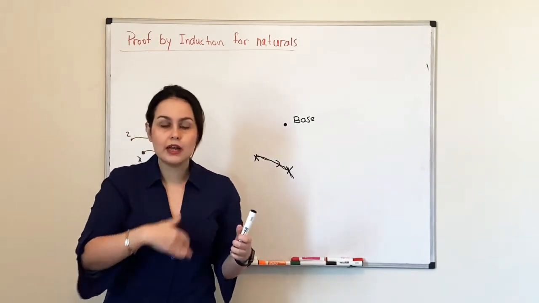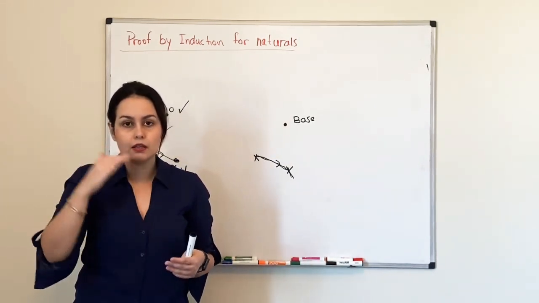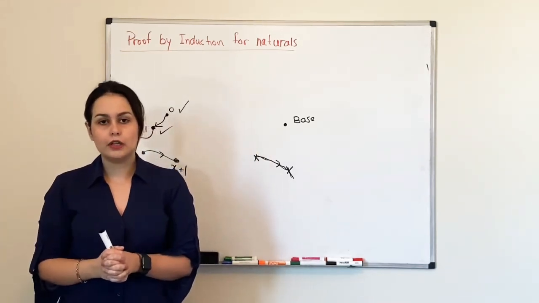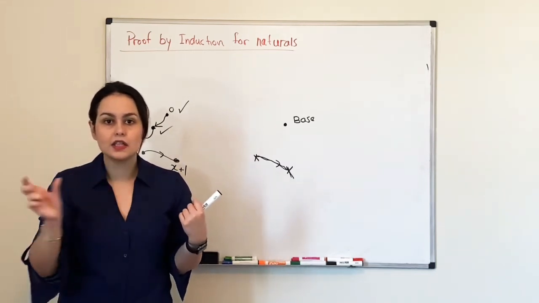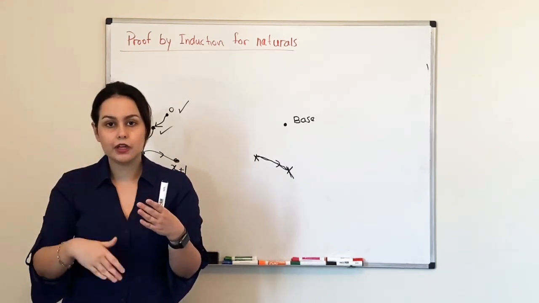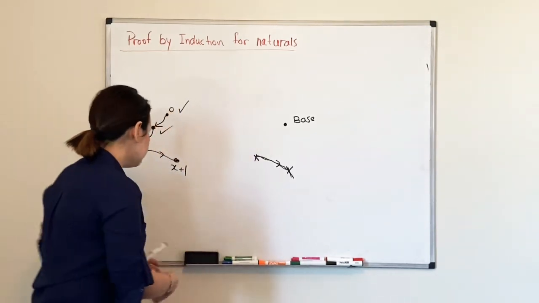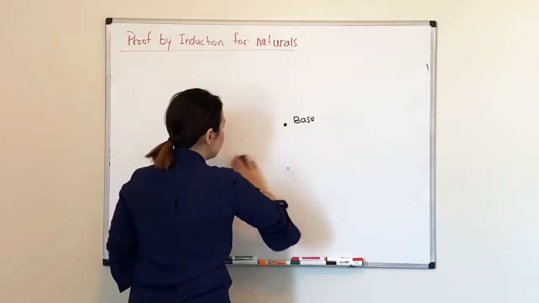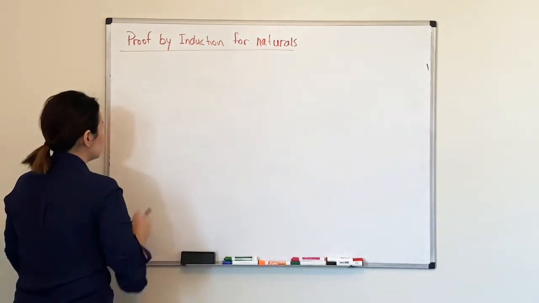Since I start from somewhere and keep taking successors, I'm covering everything. It is like I'm saying that that statement is true for every element in my set. So this is what happens in induction on natural numbers.